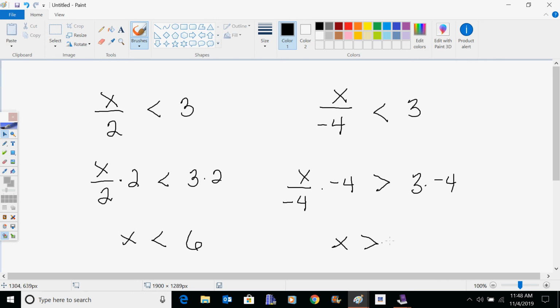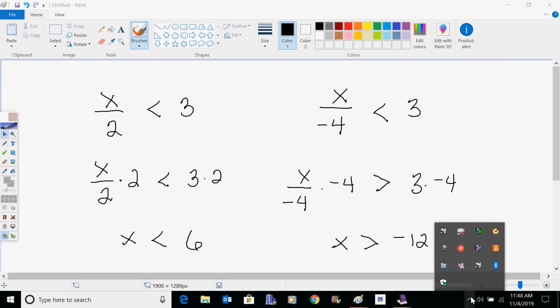So x would be greater than negative 12. And that's really the whole heart of it. You know what to do because of the equals ones. But if you multiply or divide by a negative, it flips over. And if you multiply or divide by a positive, it stays the same.